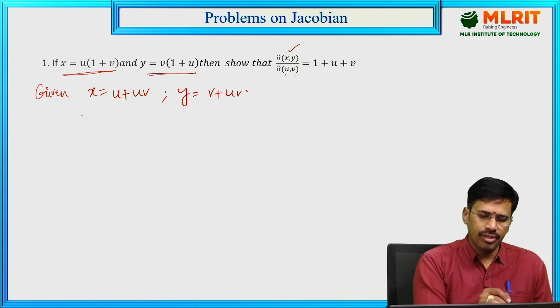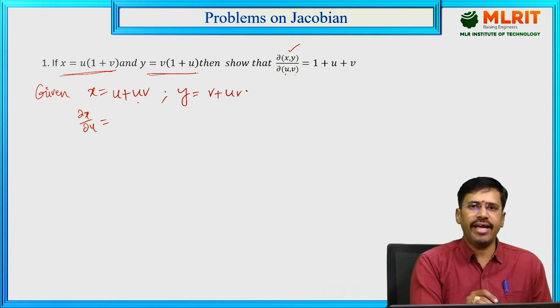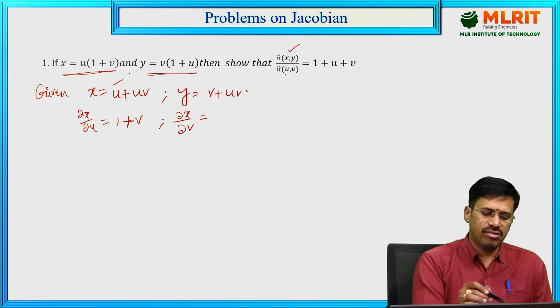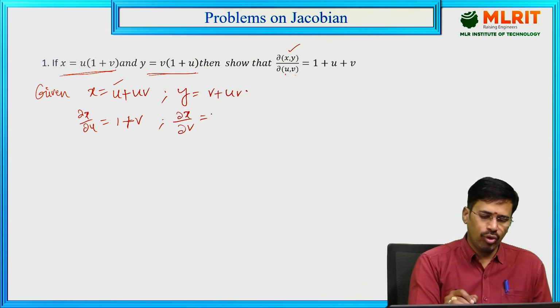Then what is dou x by dou u? I am differentiating x partially with respect to u, that is 1 plus uv derivative, which is v. Next, dou x by dou v: I am differentiating x with respect to v, so here u is 0 plus u into v derivative, which is 1.